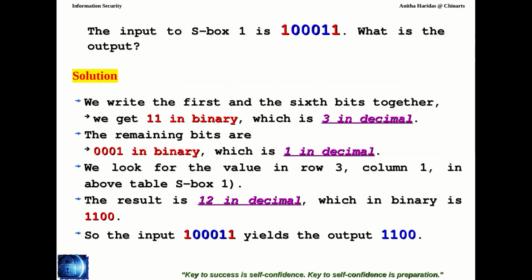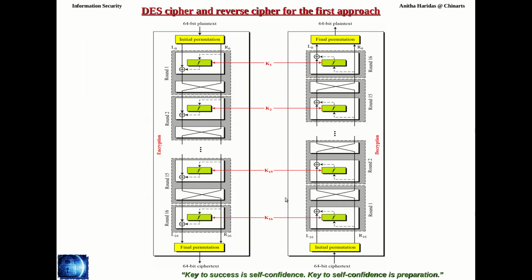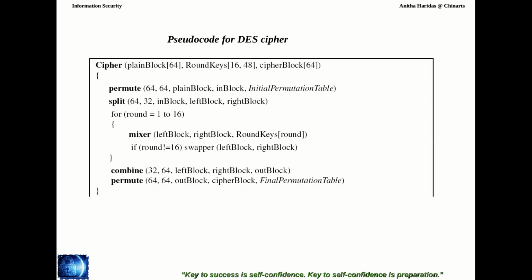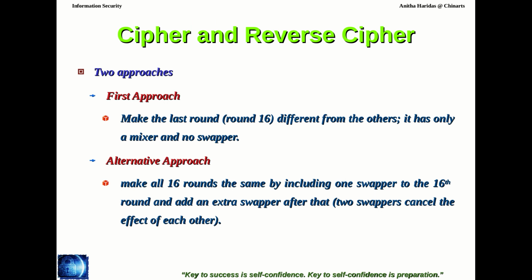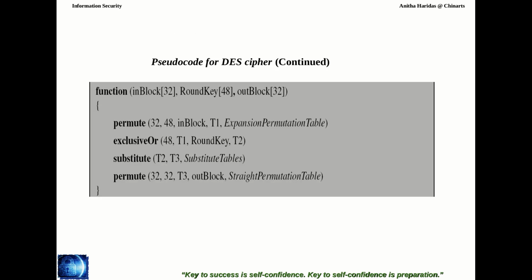All these points we have already discussed, and in our previous video we also talked about the cipher and reverse cipher, which can be implemented using the 2 different approaches, and we have seen the pseudocode that can be used for the DES cipher also.